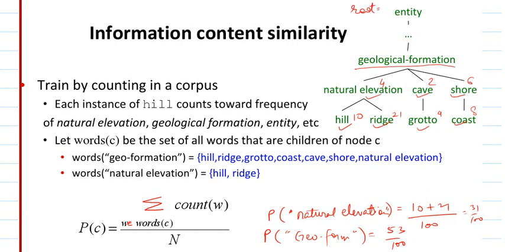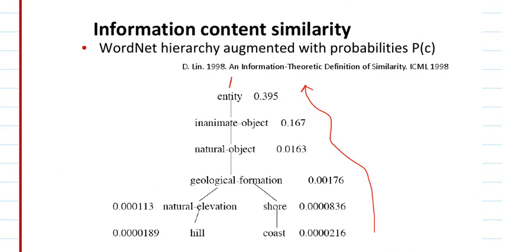The probability of root is 1 because the root has all the words as its children, and the count of all these words is n, so n by n is 1, right? In this way we have the information content similarity. We can calculate it with the help of the concept probabilities.